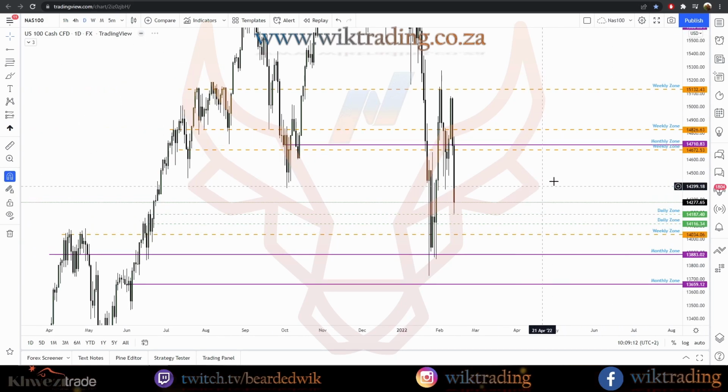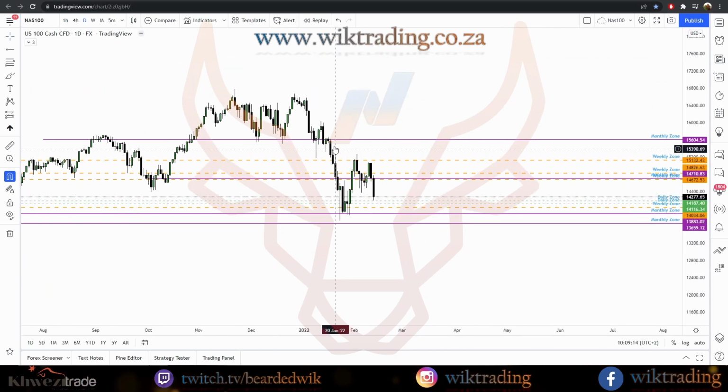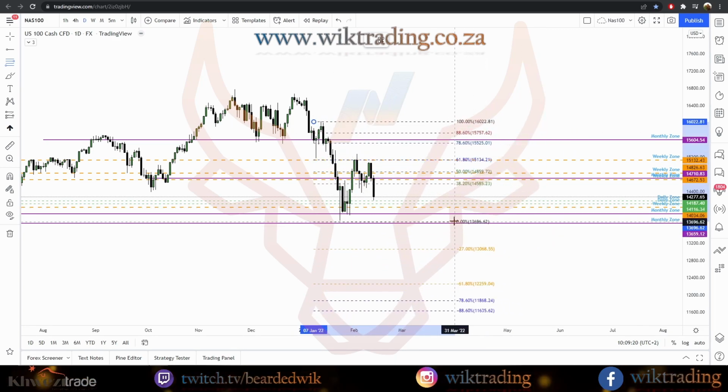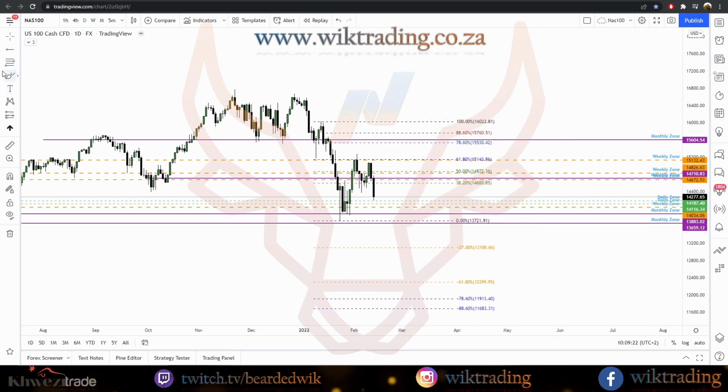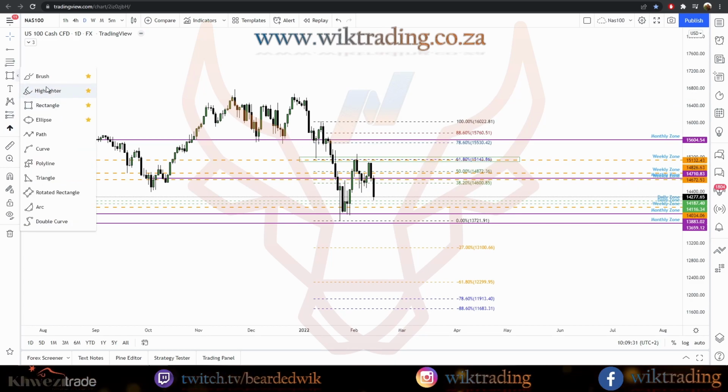Okay, so on the daily time frame, looking at this structure, clearly what is happening now, or it seems like what is happening now, is that this ABCD pattern that I showed in last week's video is actually playing out. This bearish ABCD pattern that I did not expect to happen, but it seems like it is happening.